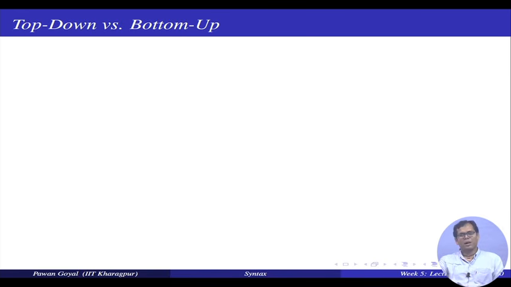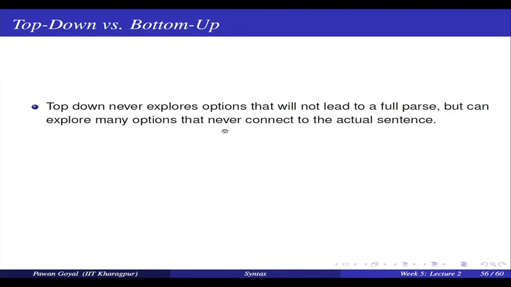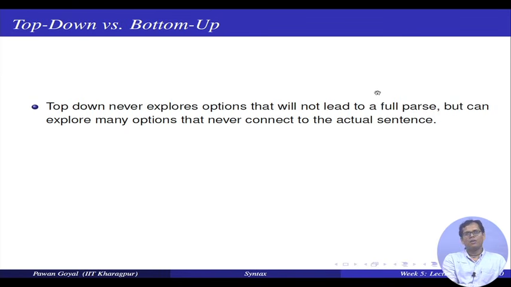So if we just try to compare this top-down versus bottom-up approaches, so what do we see? What we were seeing in top-down, we were always seeing wherever this non-terminal appears in the left-hand side, and I immediately do the prediction. So what happens is that I can always explore options that will never lead to the full parse.